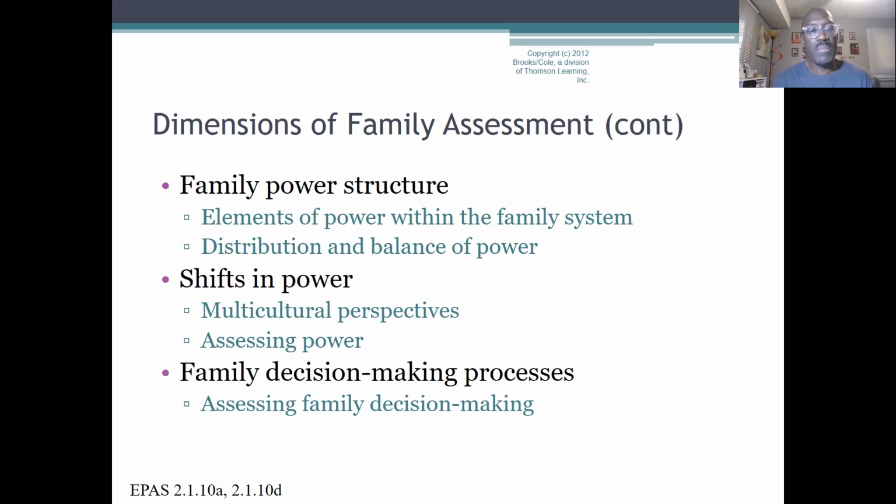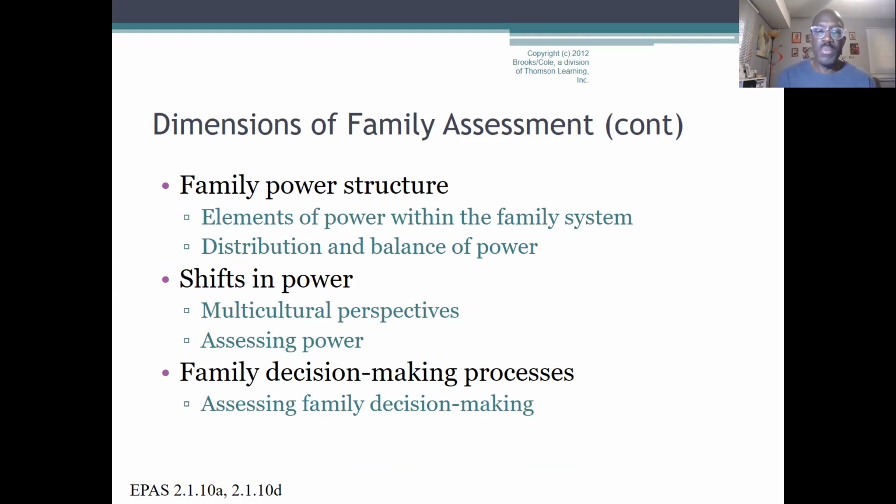Also look at the family power structure, elements of power within the family, how it's distributed, and shifts in power, when we think about it through the lens of race and culture. Then assess the family decision-making process. How do families make decisions? In some cultures, the father is the absolute authority, and what he says goes. In other cultures, there's more of a team approach.